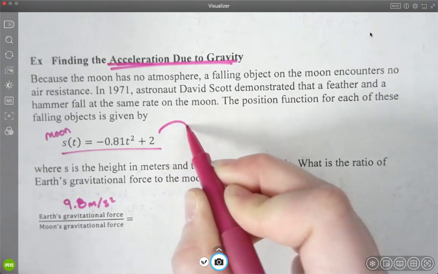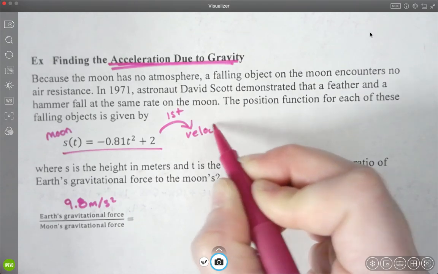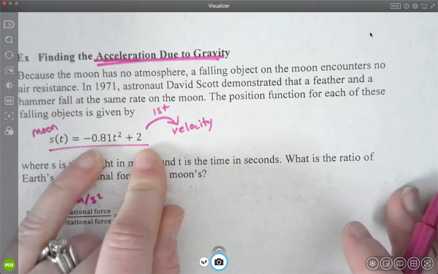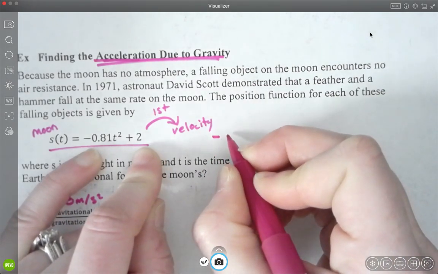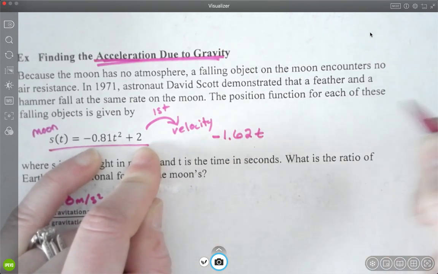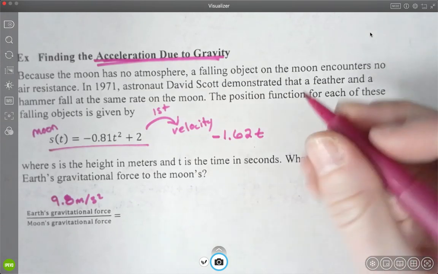The second derivative. The first derivative will get me the velocity of that object, whatever we're falling. So let's do the first derivative. What will that look like? I don't know, 1.62 t. See if that's right. What happens to the 2 on the end?